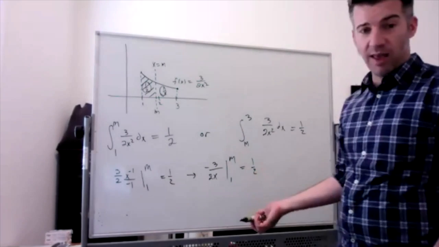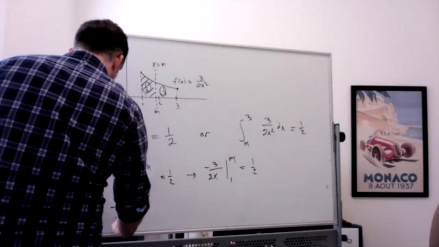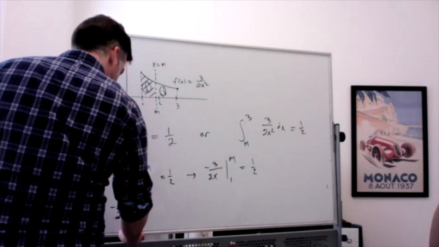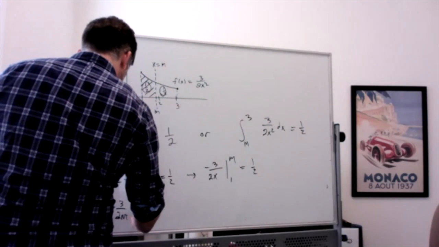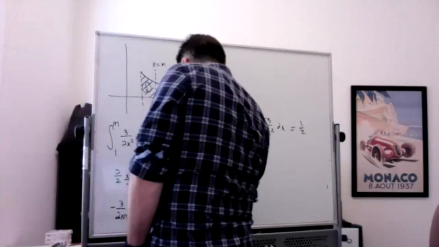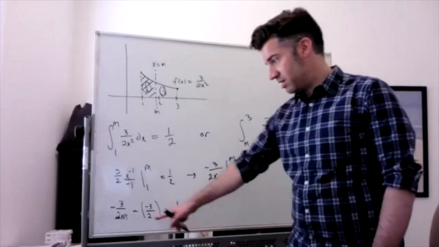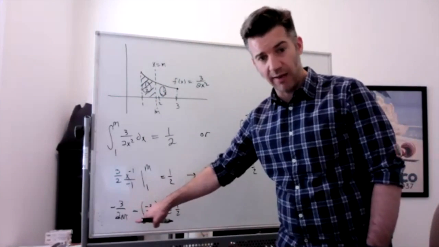And then I'm going to plug in the m and the 1. So I'm going to have negative 3 over 2m minus negative 3 over 2 times 1 equals 1/2. So this is negative 3 over 2m plus 3 halves equals 1/2.